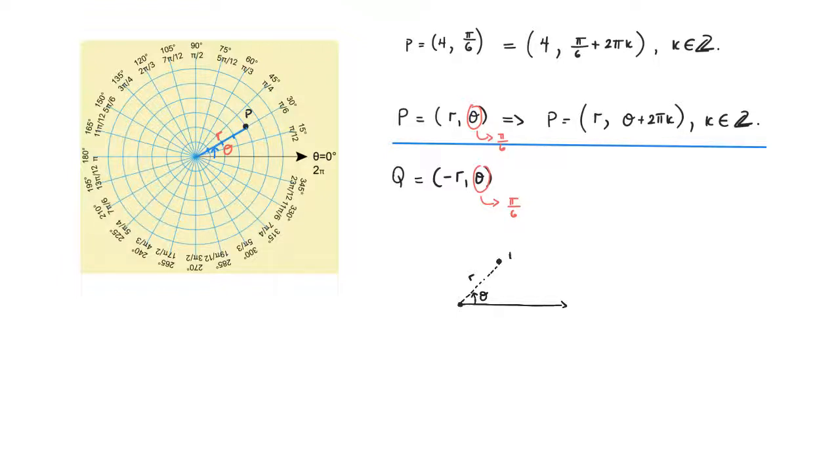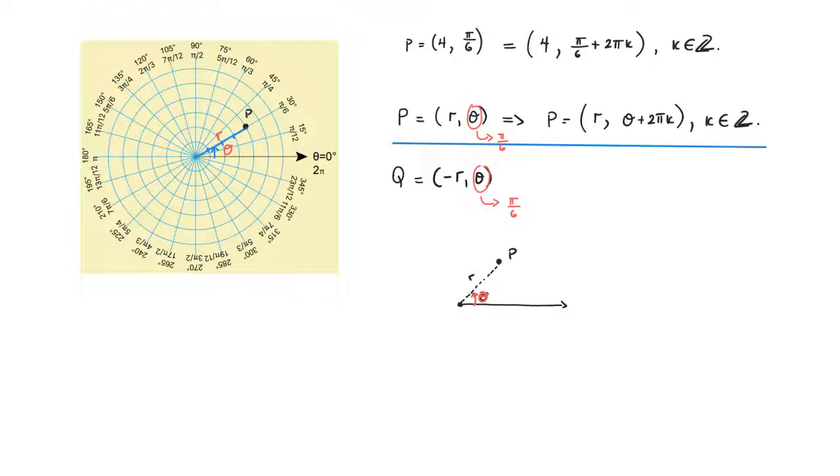So this is really P. If I want to locate Q, I am going to measure again theta. Theta doesn't change. But instead of moving upwards, I am going to move downwards in the opposite direction.